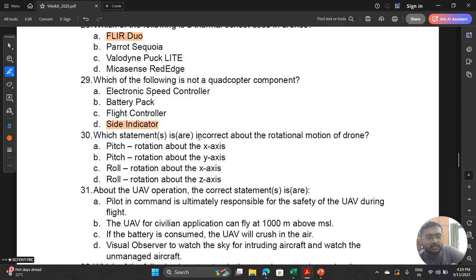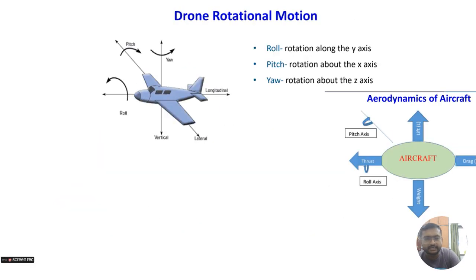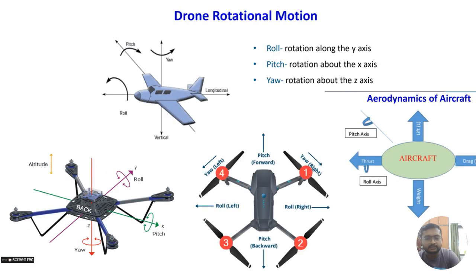Which statement is or are incorrect about the rotation of drones? So basically, when you take a drone, it has movements like this. If any movement is happening, with rotation around the y-axis, then it's known as a roll.